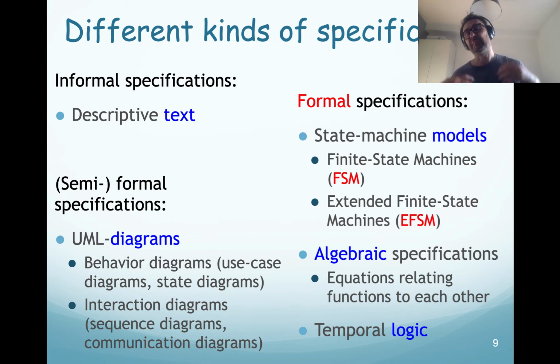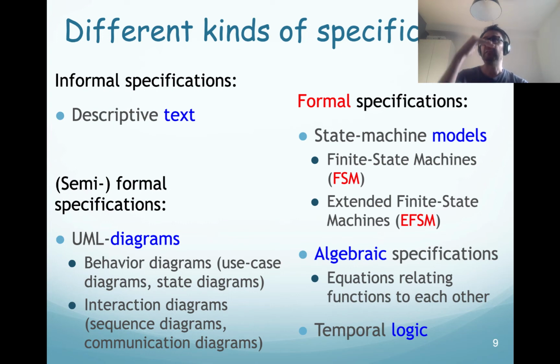And then, of course, there are formal specifications. So here you describe in more mathematical or precise or exact form what should be happening. Typically the traditional ones here are state machine models, and you will hear more about this in the model-based testing modules coming later, like finite state machines, extended finite state machines.